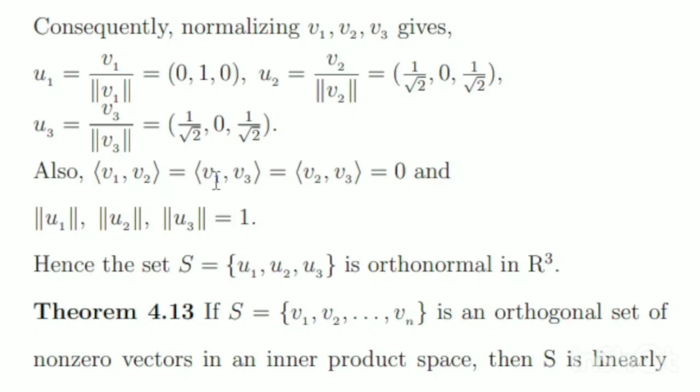And also we can see that the inner products of v1 v2, v1 v3 and v2 v3 are 0, and each of the norms is equal to 1. So the given set S equal to {u1, u2, u3} is orthonormal in R3.